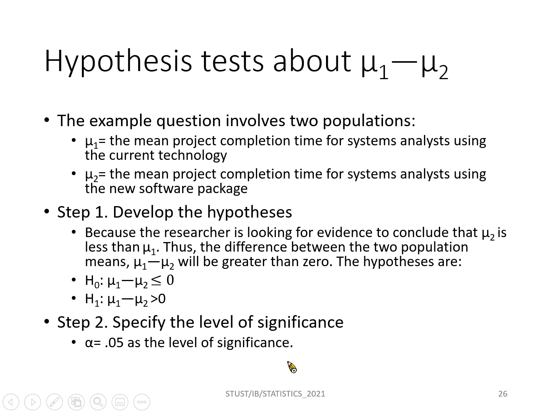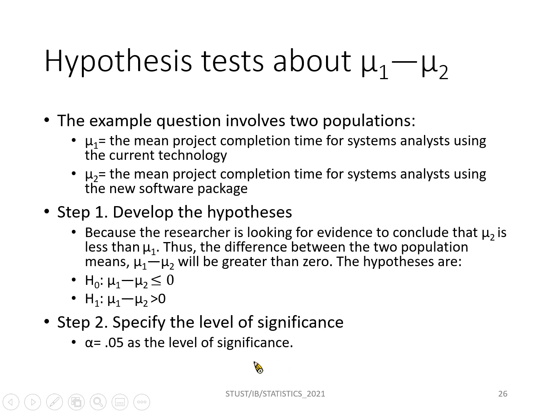Then we will do the hypothesis test based on the steps we learned before. The first step is to develop the hypothesis. We ask whether the two different software have the same efficiency or completion time, yes or not.